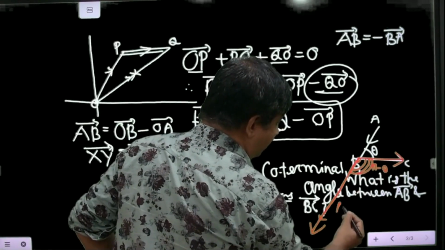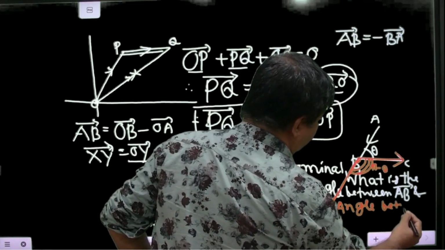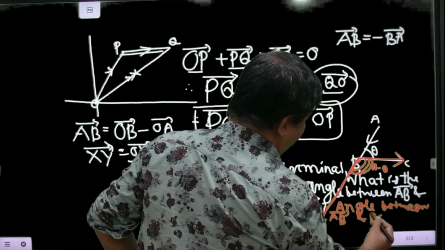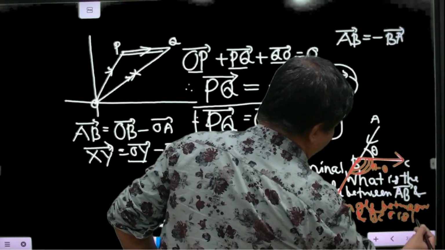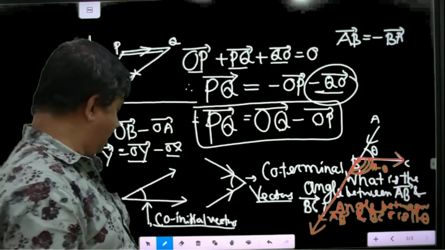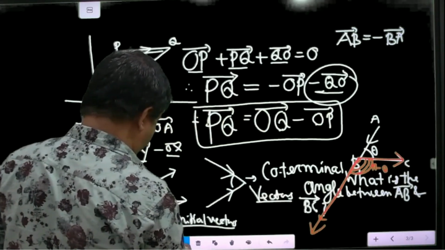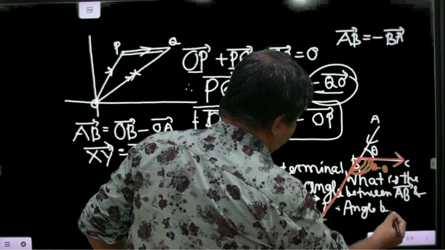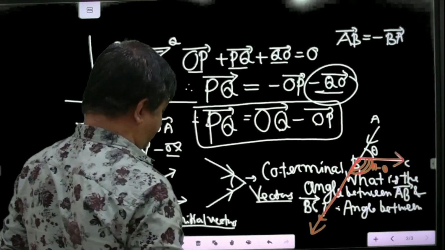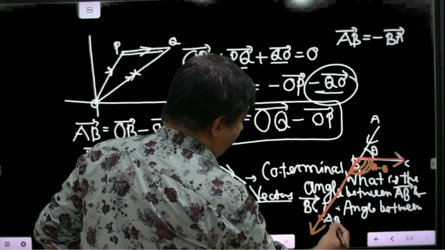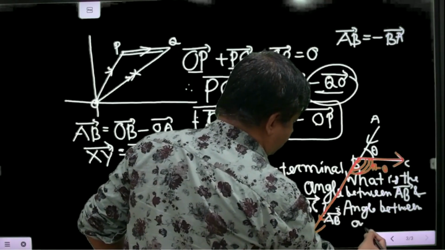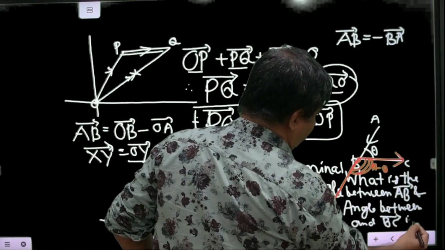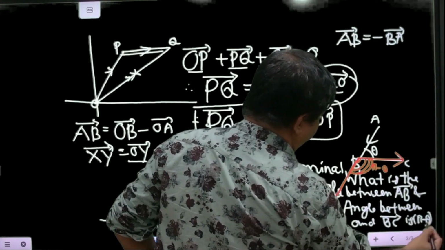So the angle between AB and BC is pi minus theta.